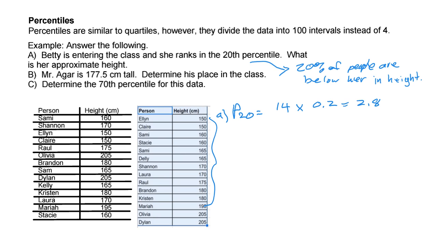This value, the 14, is the population. This value is the percentage. And then this is how many people are below. And that's pretty much it. So P of 20 is 14 times 0.2, which is 2.8.